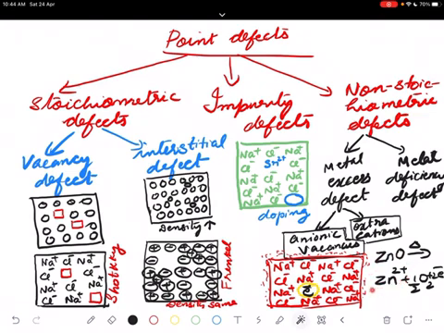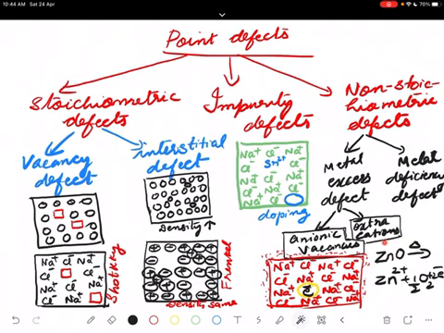Zn2 plus is very small, and oxygen gas goes up, so the Zn2 plus shifts to the interstices. Again it is metal excess, because anions are escaping. Now, due to the presence of electrons, it changes to yellow color. ZnO is white at room temperature, but on heating it changes to yellow color. The yellow color is due to the presence of these electrons. The difference here is that Zn2 plus, being small, shifts to the interstices, so extra cations are present at the interstices.